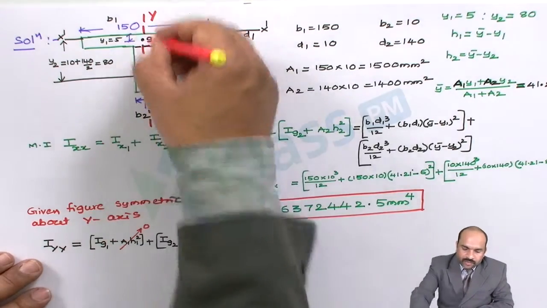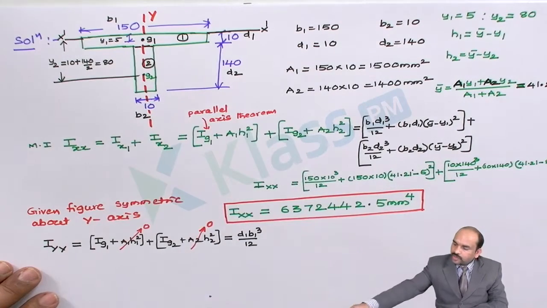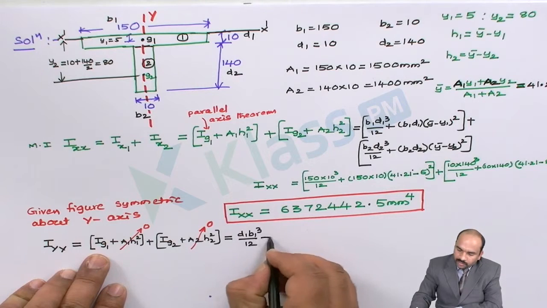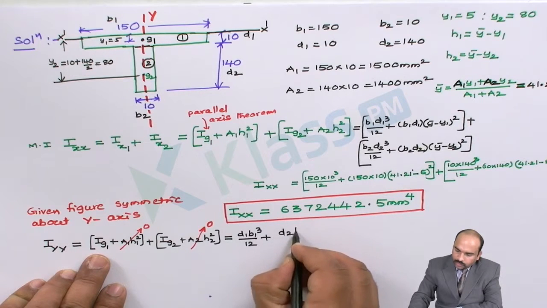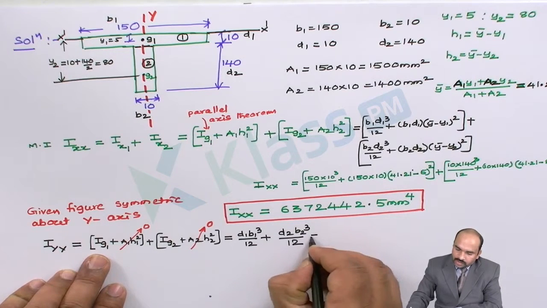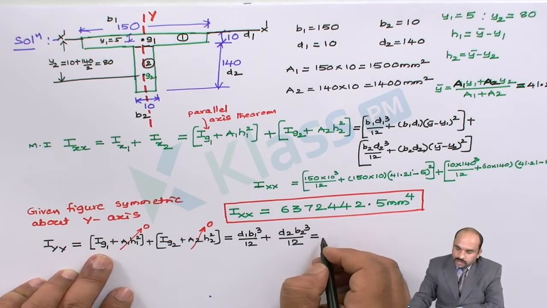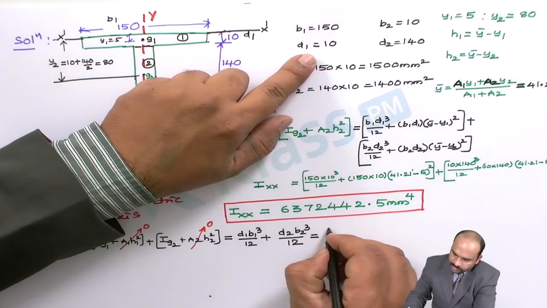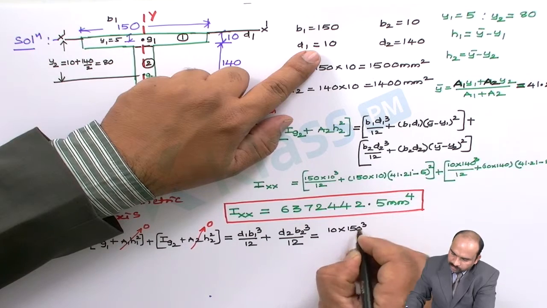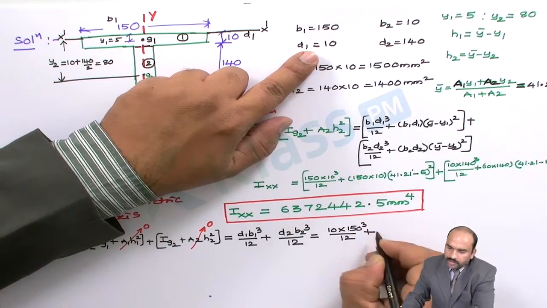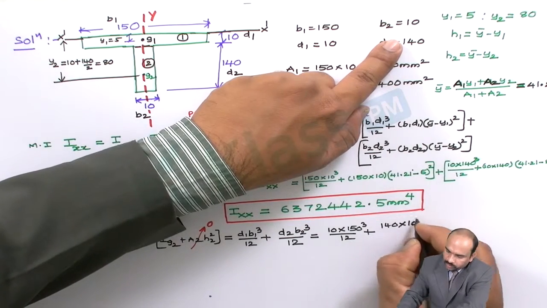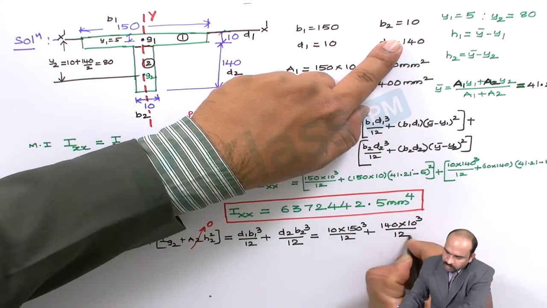So about the centroidal y-axis, we know the formula: d1 b1 cube by 12 about its center, plus d2 b2 cube by 12. Let us substitute the values. d1 is 10, b1 is 150, by 12, plus d2 is 140 into b2 10 cube by 12.